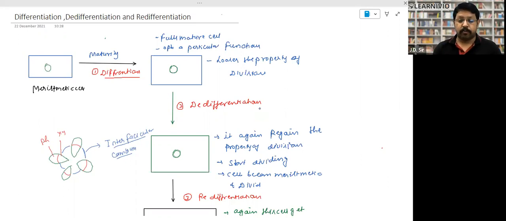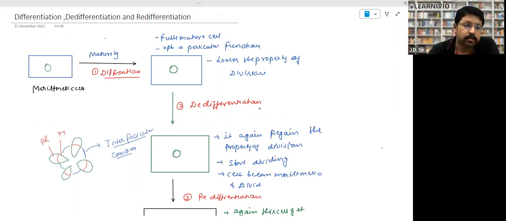Their job has been removed. Now I give them another job, to go and print the copy. This process is called redifferentiation. Why? Because they were already in a job. Those who have already been assigned a particular job, and are taken back and assigned a new job, that is called redifferentiation.